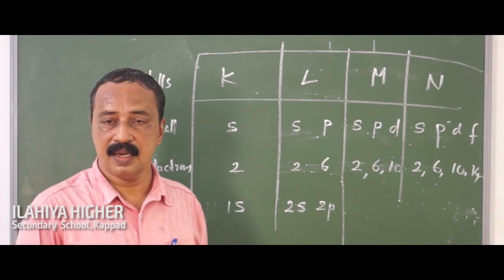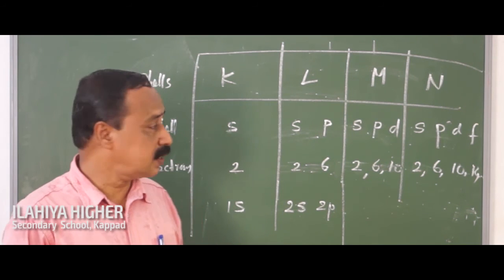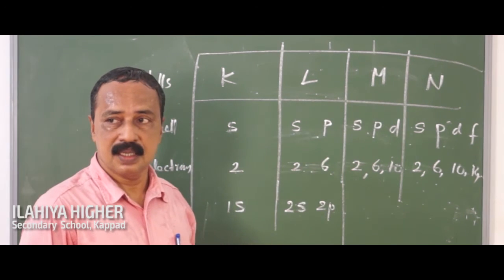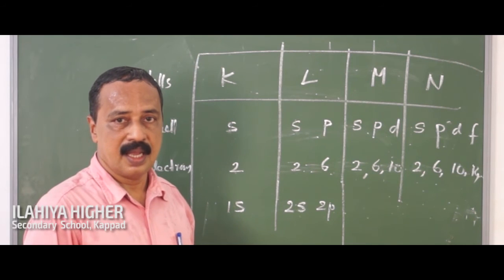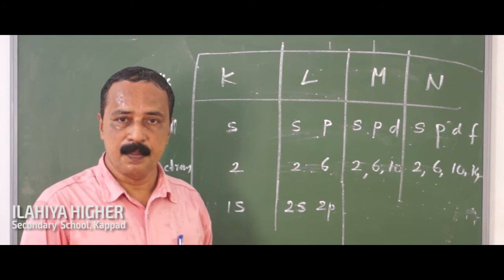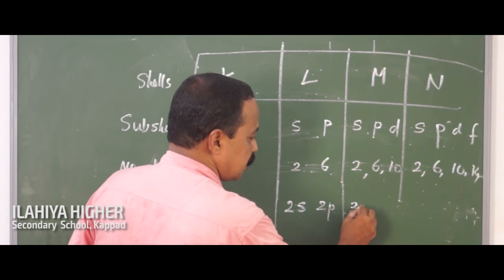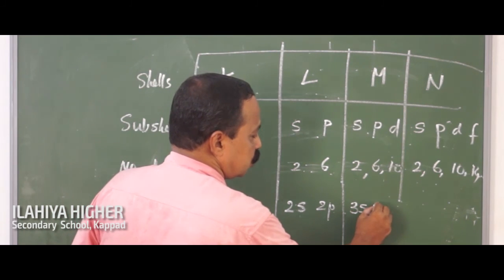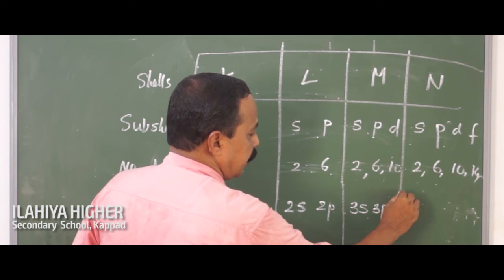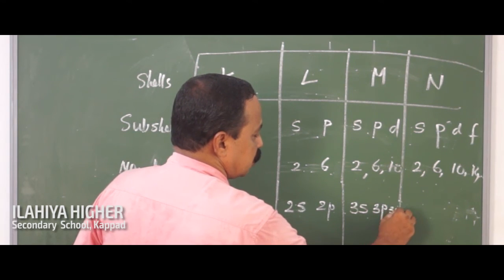Third shell, the M shell, subshells are S, P, D. Third, so 3S, 3P. The next one is 3D.